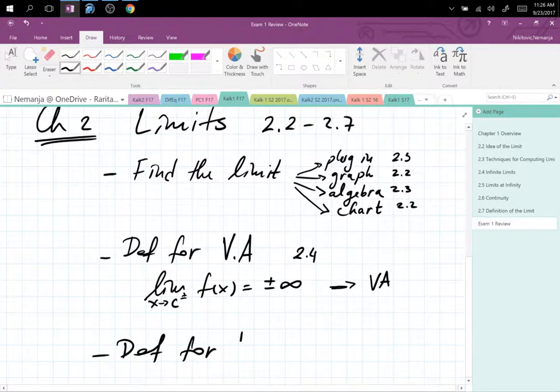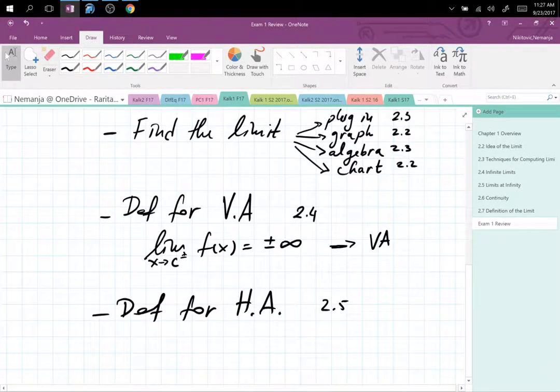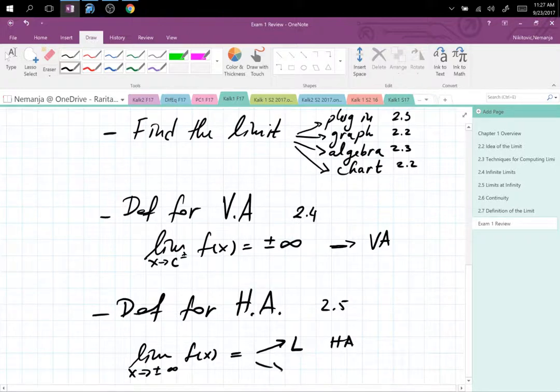Same story goes for the definition for horizontal asymptote, 2.5, limits at infinity, and you have the limit as x goes to positive or negative infinity of f of x, and you are looking for either L for a horizontal asymptote or plus minus infinity and behavior.